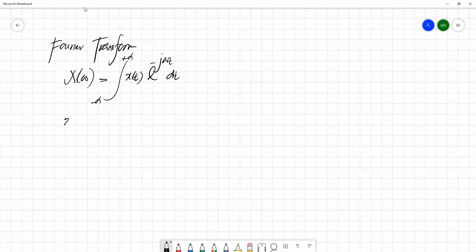Similarly, you can get the time domain quantity by doing the same integration like this.